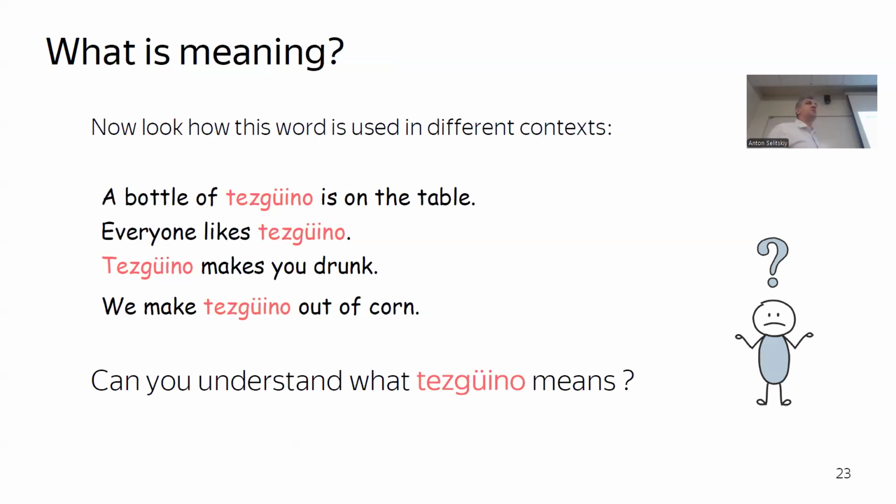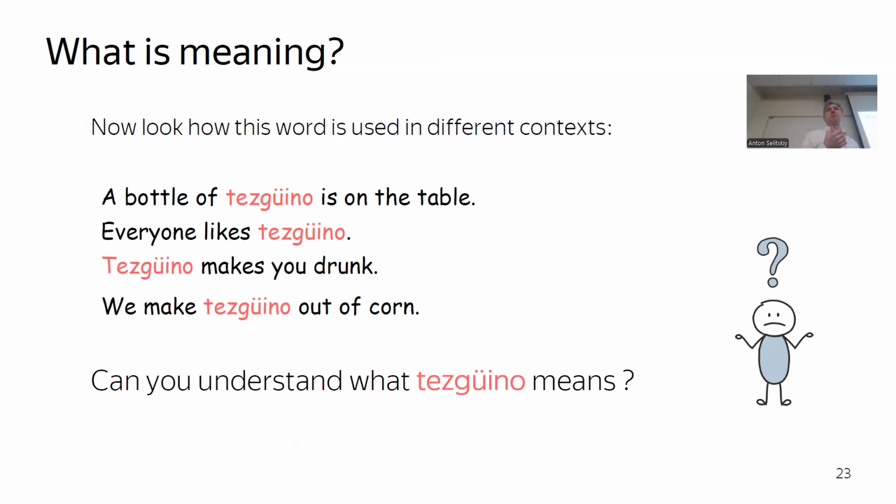This word makes you drunk. And we make this out of corn. So can you have any idea now what this word means? Yes. It's like vodka or liquor. Something alcoholic. A drink. Yes.